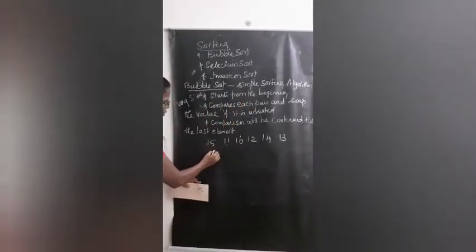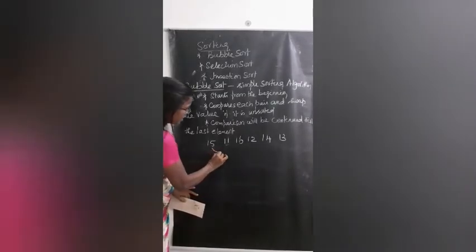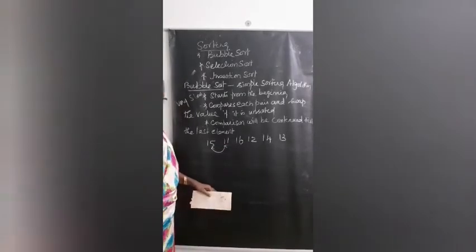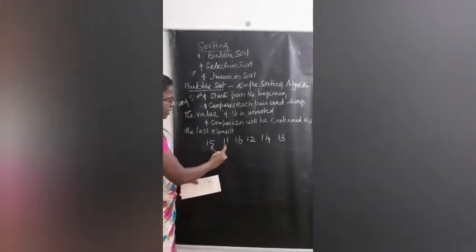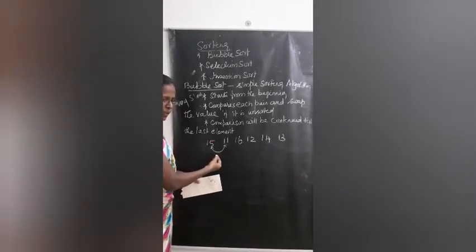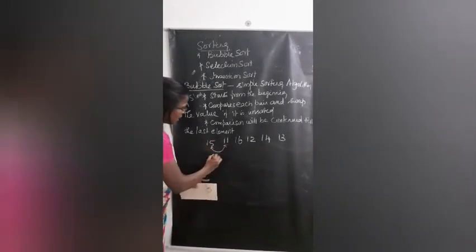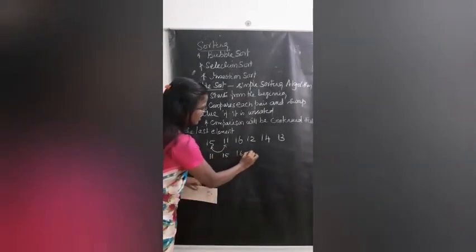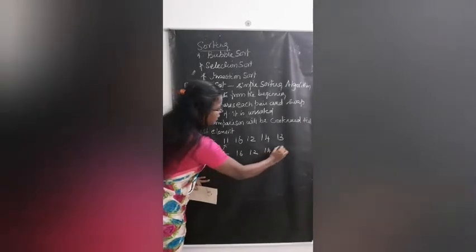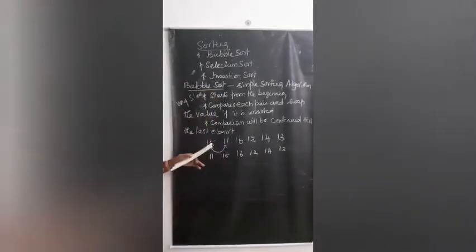First of all, take these two elements, 15 and 11. First see, 15 is greater than 11, so we have to swap. We have to interchange. Now the sorting takes place like this: 11, 15 and again 16, 12, 14, 13. This is the first step.